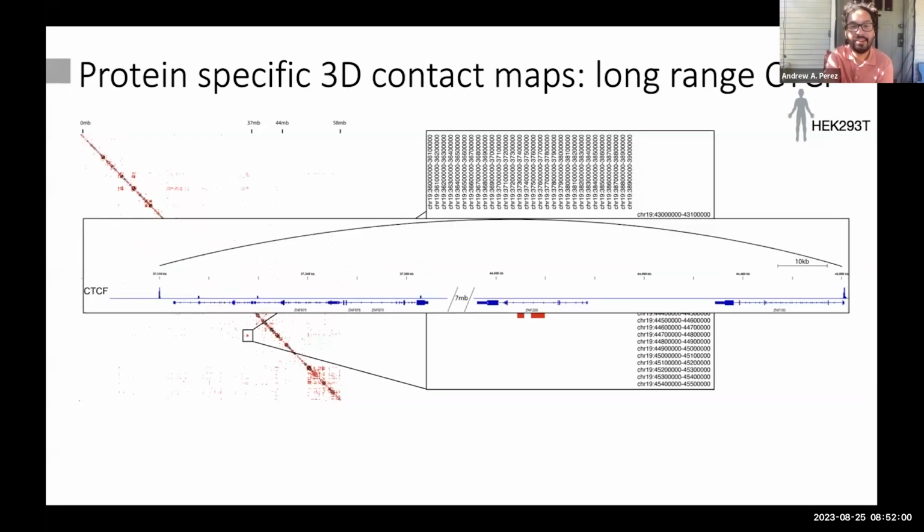And we actually saw that the boundaries of these interactions have very strong CTCF sites relative to the other ones interspersed in between. And this region is actually just littered with CTCF sites.